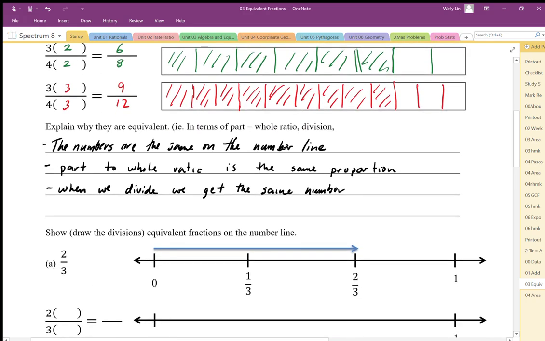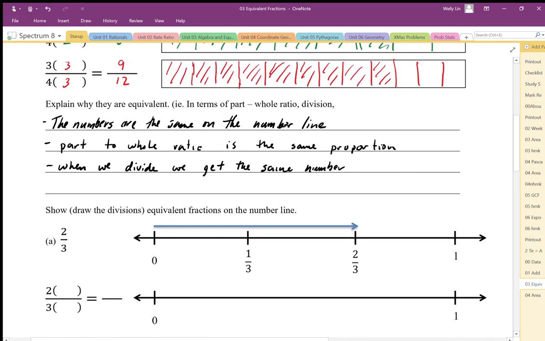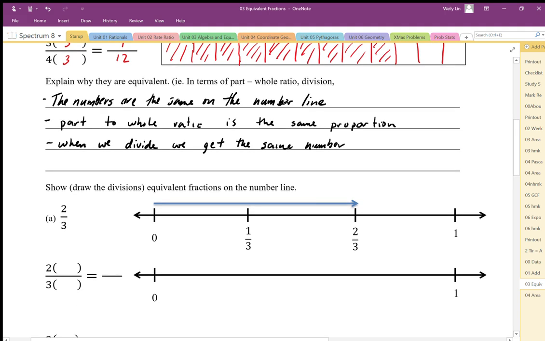So we can draw divisions on the number line as well. So if we have, okay, this is 2/3, we can draw it as 2 parts out of 3 on the number line. Okay, we can draw the same thing. We can divide this into groups of 2. Okay, and that factor is going to be really important. So I can do this groups of 3, or 3 parts, into groups of 2.